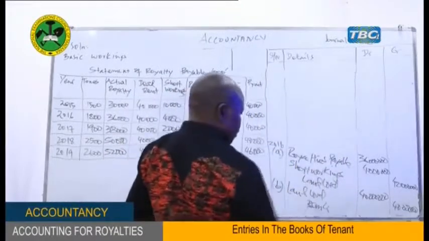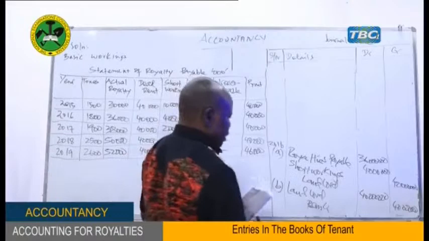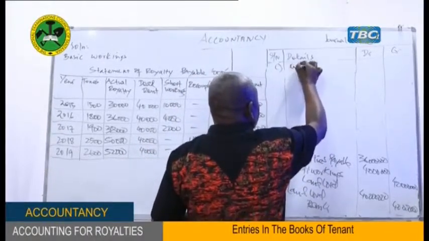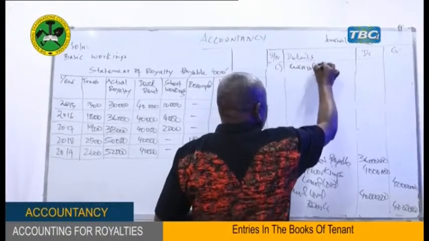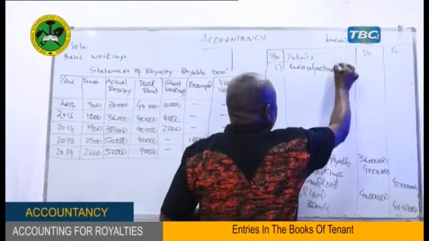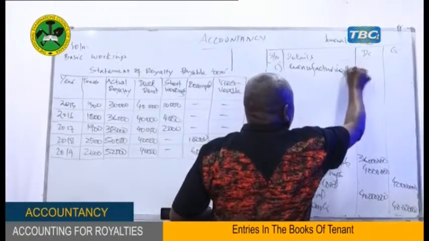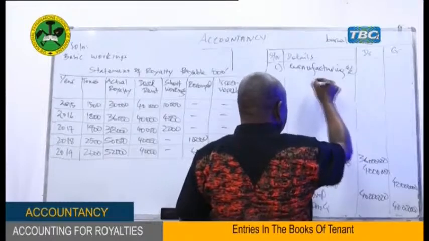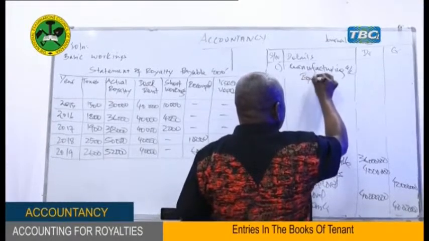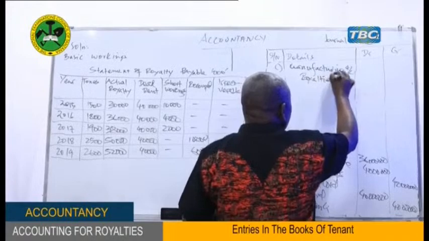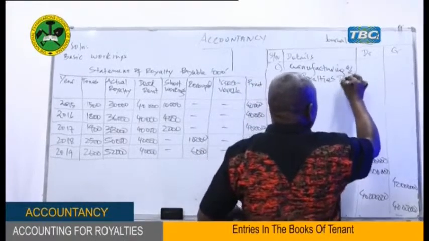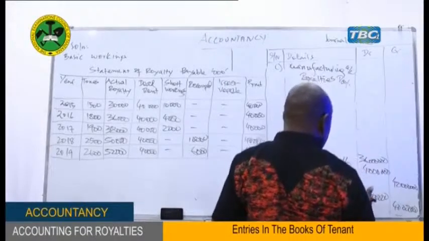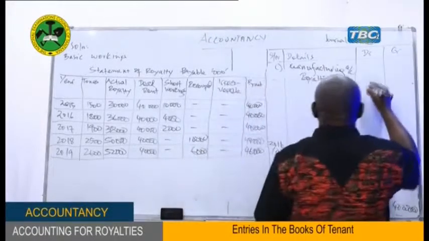So last now on a transfer, we debit manufacturing, that is C. We debit manufacturing account, and credit the royalties payable. The actual amount here is 36 million.